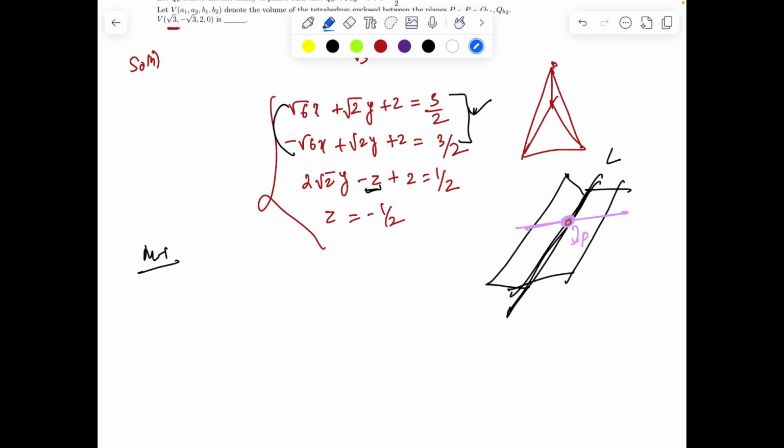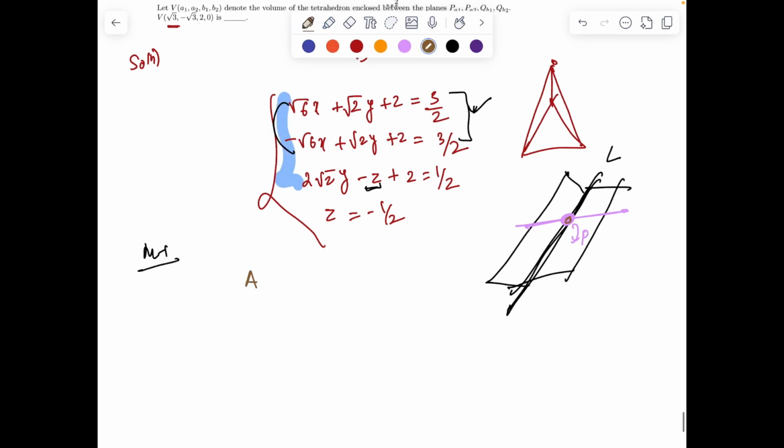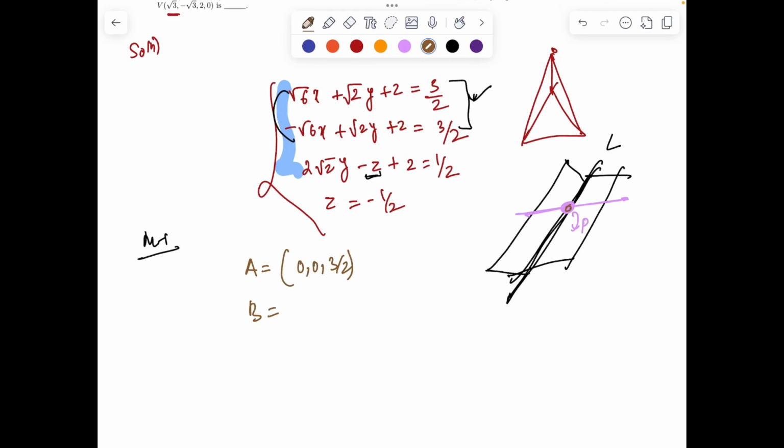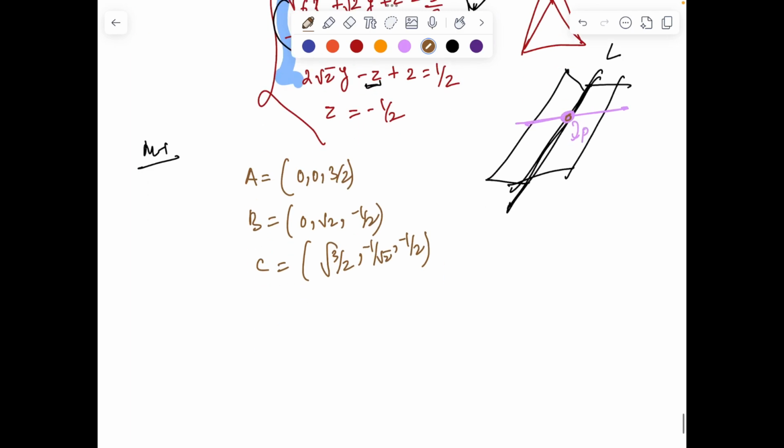it will intersect at a point if it is not parallel to the line joining those 2 planes. So if we solve the first 3 equations, that's going to give a point A given by 0, 0, 3 by 2. Similarly, we can get point B, 0, root 2, minus half, point C, root 3 by 2, minus 1 by root 2, minus half. We have point D over here, minus root 3 by 2, minus 1 by root 2, minus half.